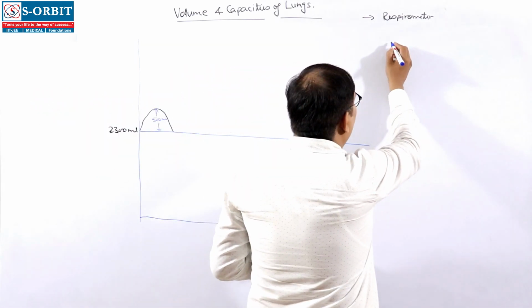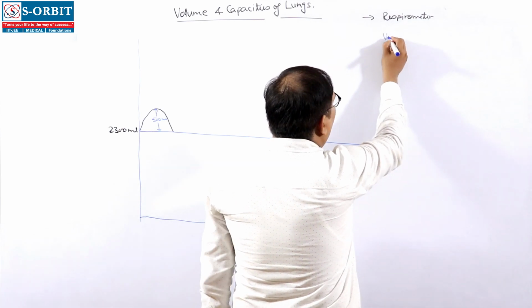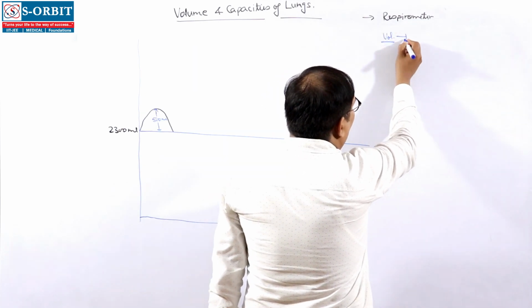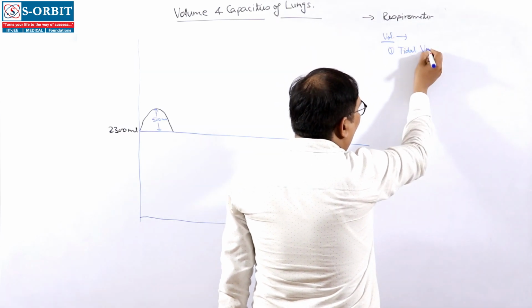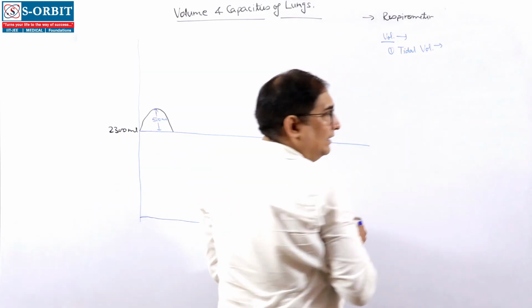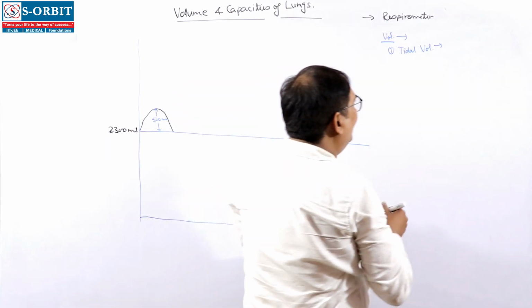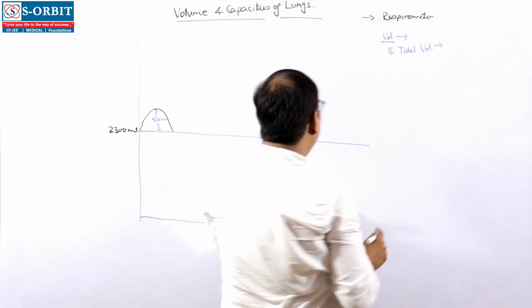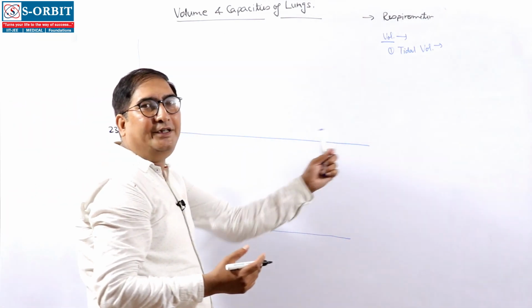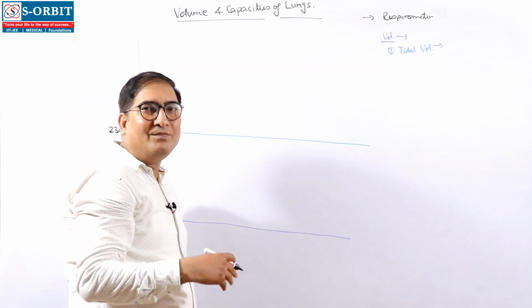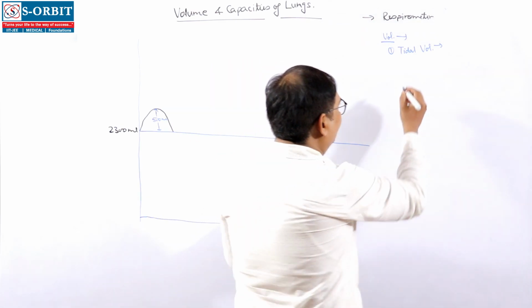So the first volume is tidal volume. Tidal volume is about 500 ml, and it is the volume of air that we normally inspire or expire.